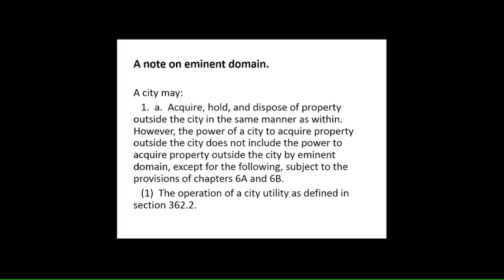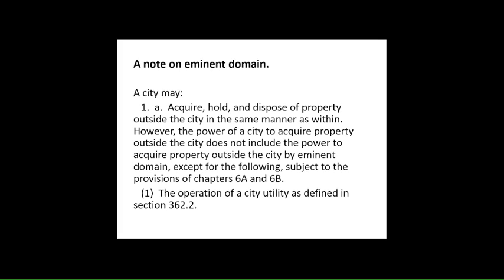The question may be, why would the city want to use eminent domain powers outside of the city for utility purposes? Note the word operation. If you go back to 362.2 again, you will not see operation defined, despite the fact that's what the section says. There are two major reasons that you would use eminent domain powers outside of the city. One is for transmission of electricity, transmission of gas, transmission of water.